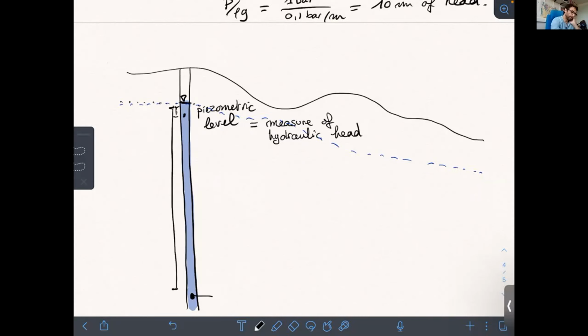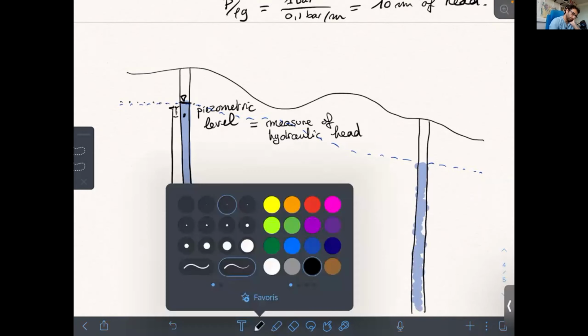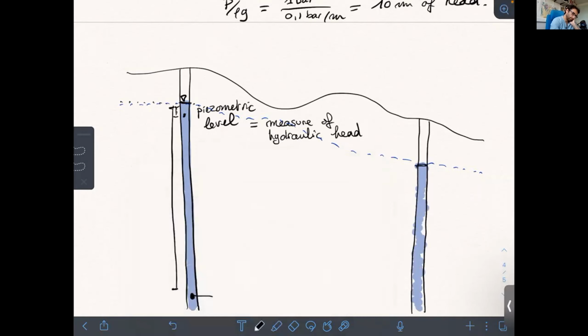And so if I drill another borehole here, I will see that the hydraulic head is lower. Okay, so then I will know from Darcy's law that the flow goes from the high hydraulic head to the low hydraulic head.